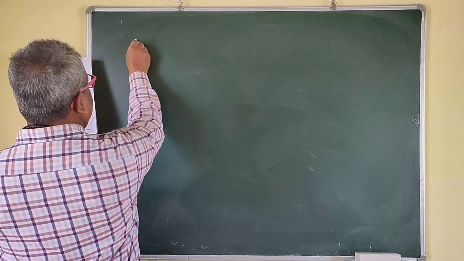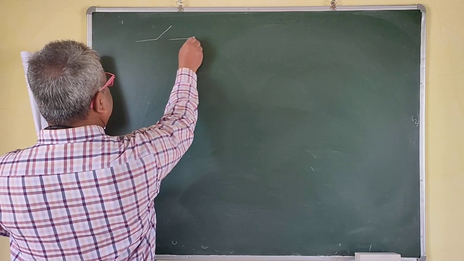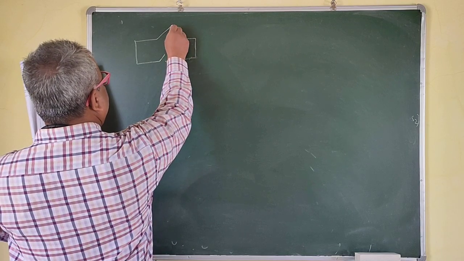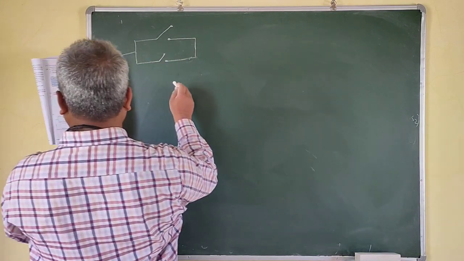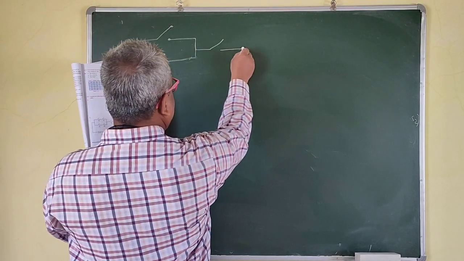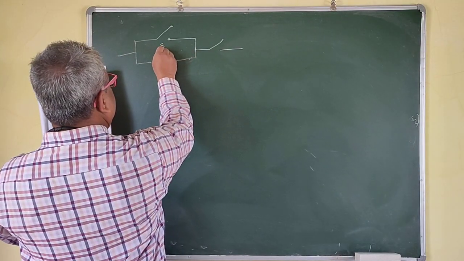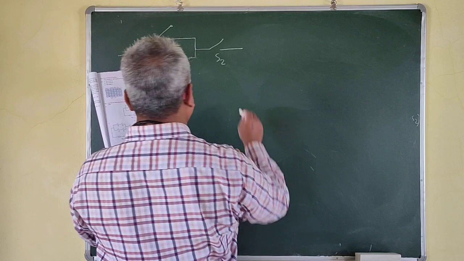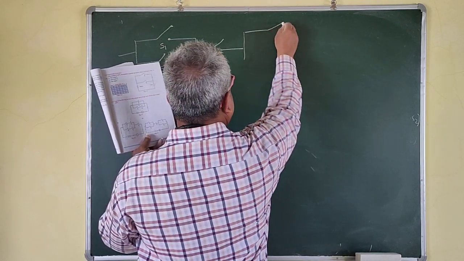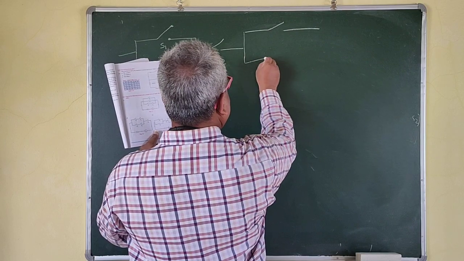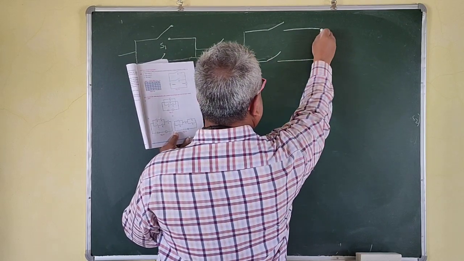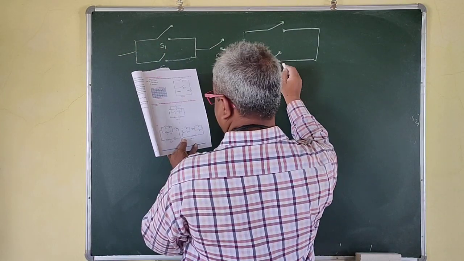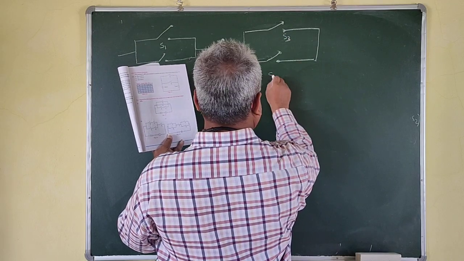Okay, so we'll take this one. So this is S1, this is S2, again S2 is here, then this will be S3, this will be S1 prime.